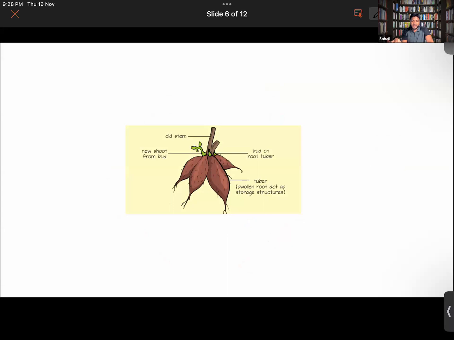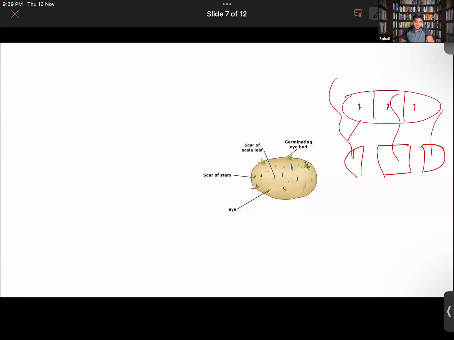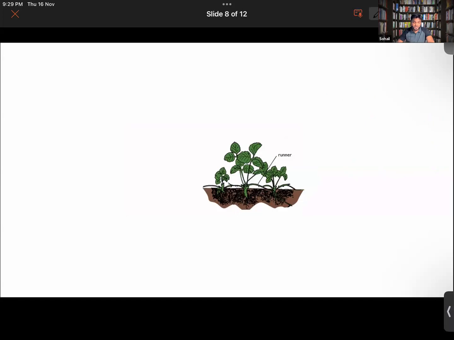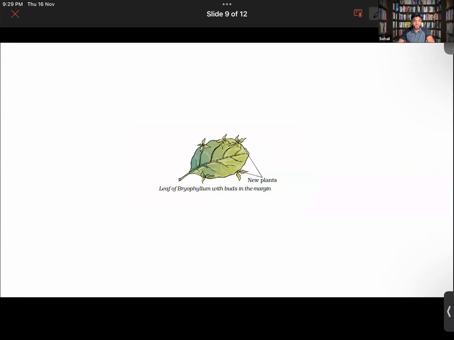New plants can be grown using the roots. The example you have here is that of a sweet potato. I can grow new crops using the root, using the stem, like this underground stem that is potato, using the runner, or just by the use of leaves also.